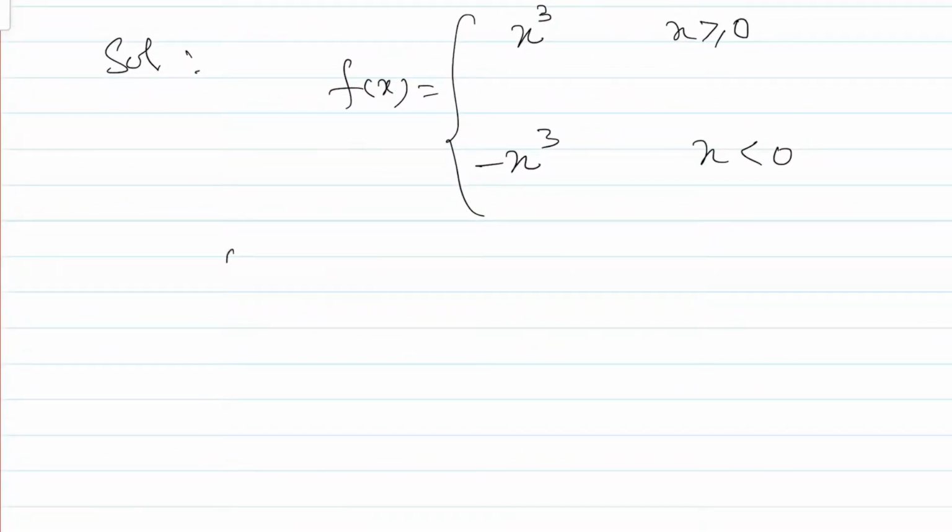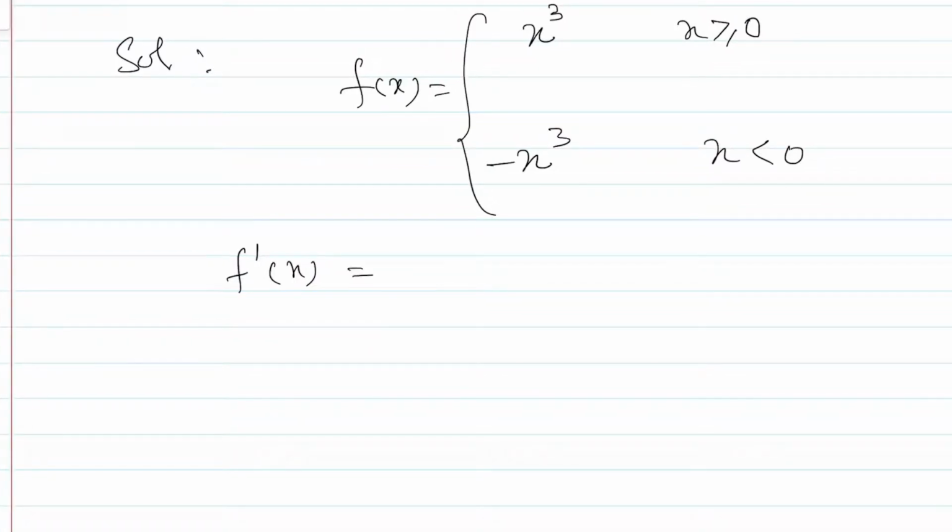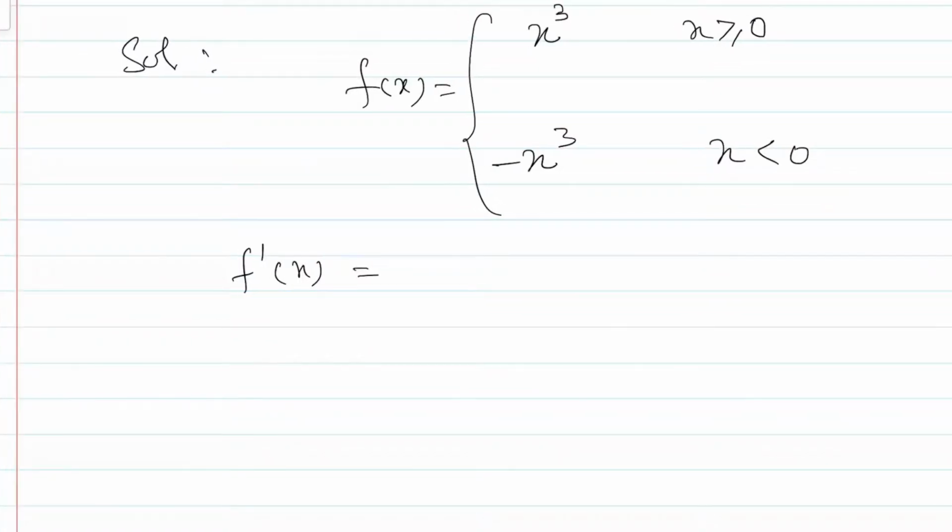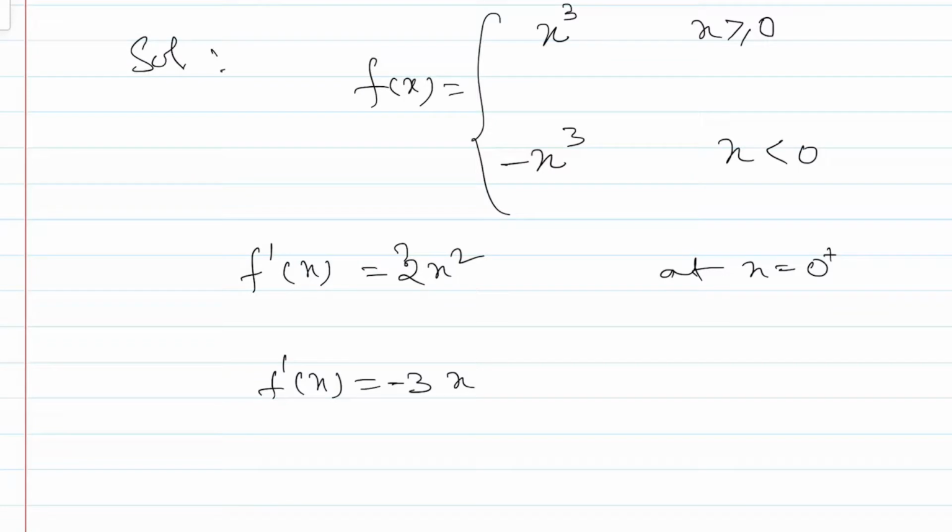So now let us find the first derivative. f'(x) is equal to 3x² for x slightly greater than 0, and f'(x) is equal to −3x² for x slightly less than 0.